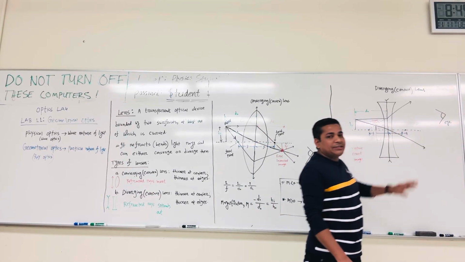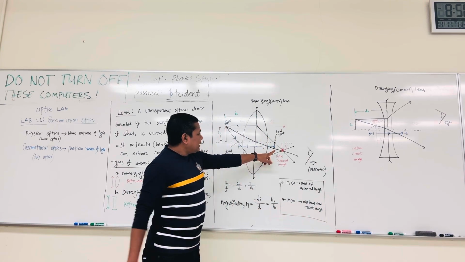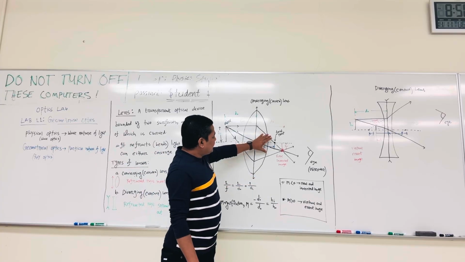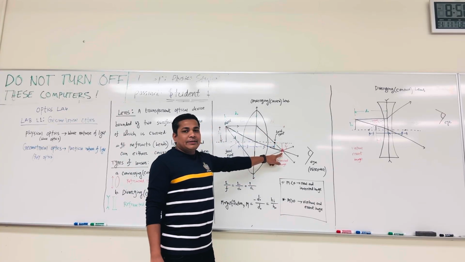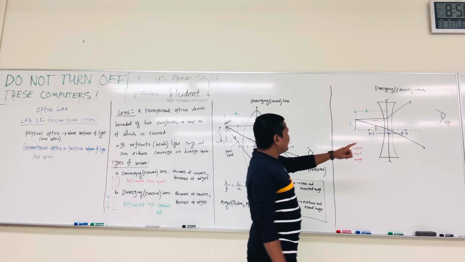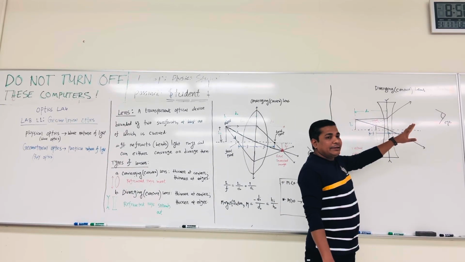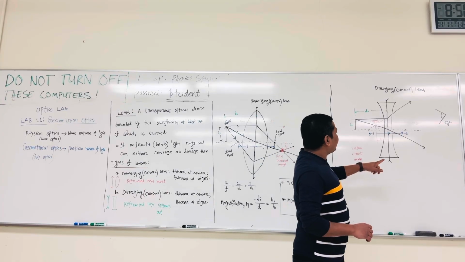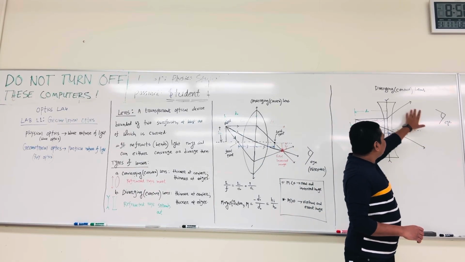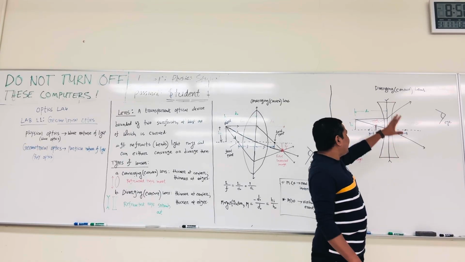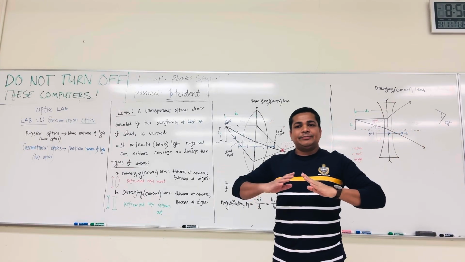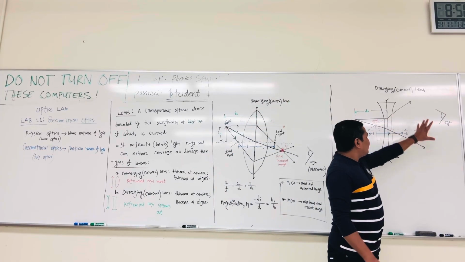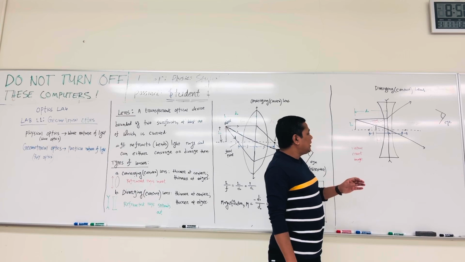So they do not meet at any point, like in the case of the converging lens. In the case of the converging lens, after refraction, the refracted rays meet at this point. But in the case of the diverging lens, you see the refracted rays are spreading out. They do not meet at any point. That's why this is called a diverging lens. The refracted rays are spreading out from the lens.